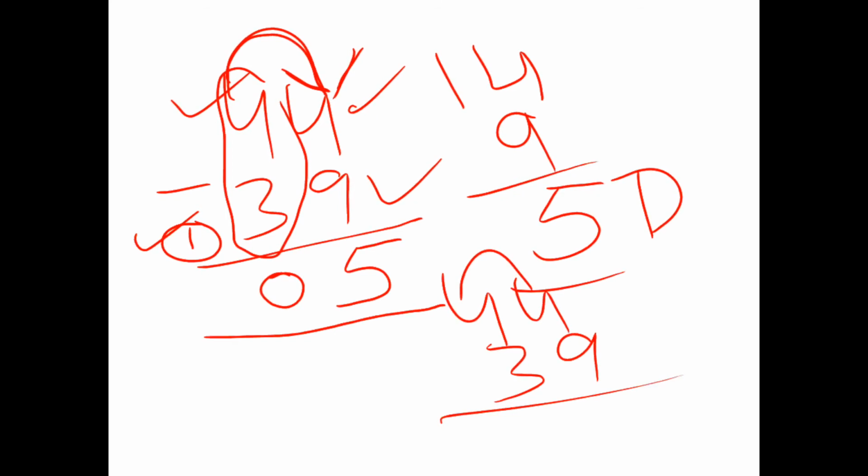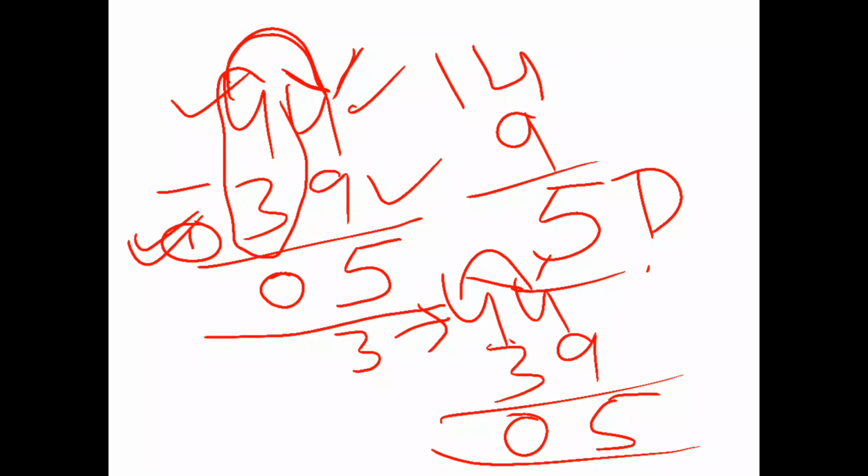From childhood we have learned that one borrow will be supplied here, it will become 5, then the value we take as 3, so 3 minus 3, again the result will be 0.